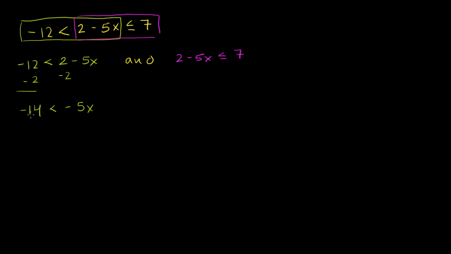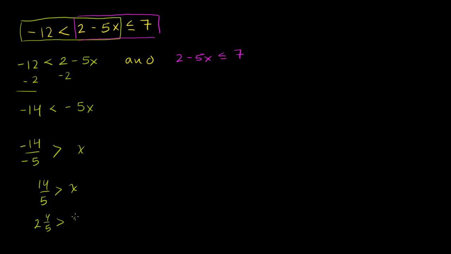So if you divide both sides by negative 5, you get negative 14 over negative 5, and you have an x on the right-hand side. And this swaps from a less than sign to a greater than sign. And the negatives cancel out, so you get 14 over 5 is greater than x, or x is less than 14 over 5, which is 2 and 4/5.